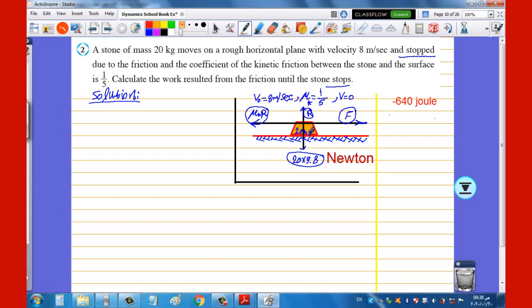Now what is the motion equation? We have F minus mu r equals ma, but note that F equals 0, so the equation of the motion will be negative mu kr equals ma.